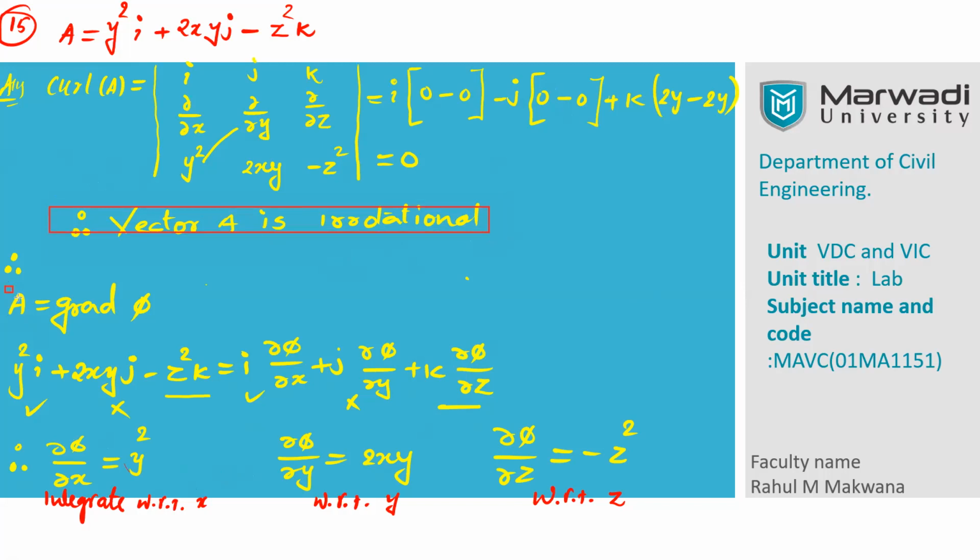Therefore, that vector is equal to gradient. Then compare the coefficients of i, j, k on both sides and integrate with respect to x, with respect to y, with respect to z.